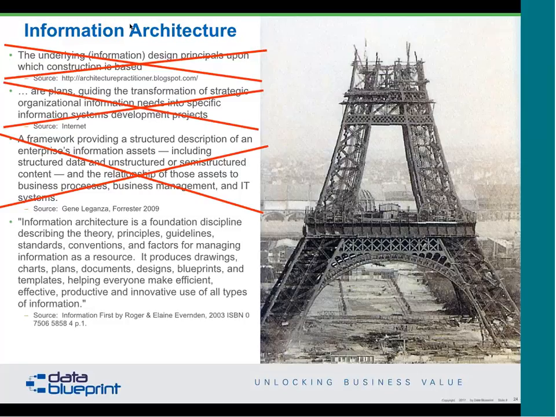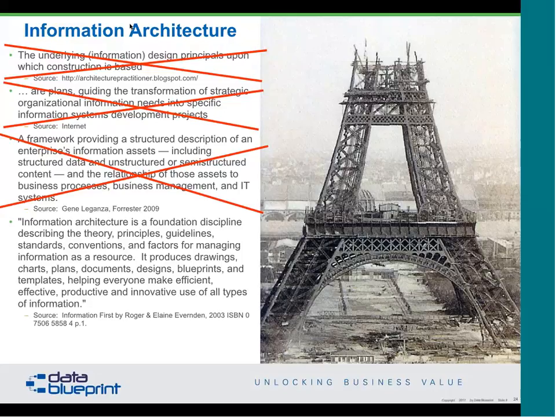By the way, this book here, Roger and Elaine Evenden's book, Information First, is a wonderful book. And I hate to say bad things about it, but their definition here, can you imagine getting on the elevator and saying, "Oh, yes, boss, information architecture is a foundation discipline describing theory, principles, guidelines, standards, conventions, factors for managing information as a resource, producing drawings, charts, plans, documents, designs, blueprints, templates, making everybody effective and efficient and productive and innovative in all types of information uses."